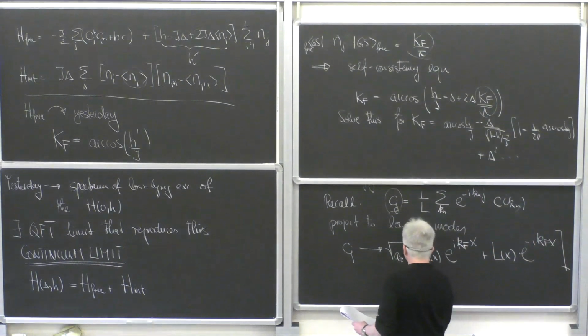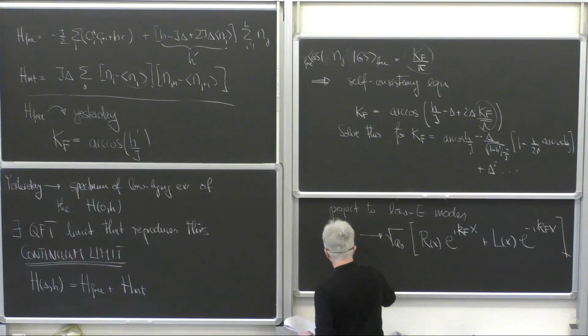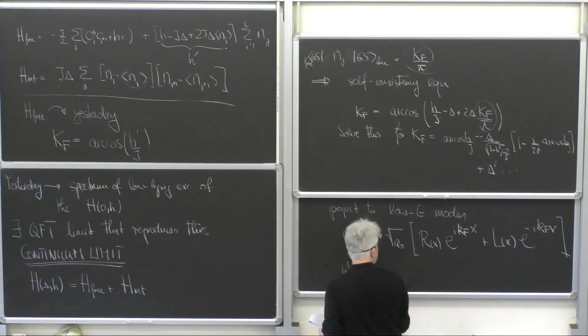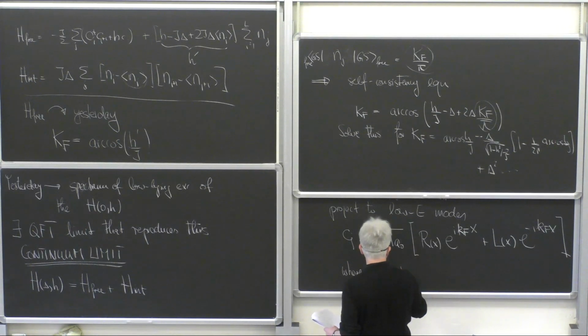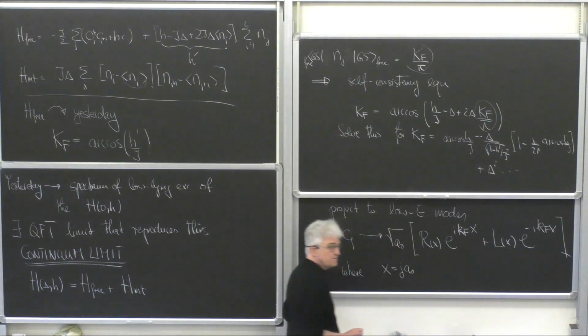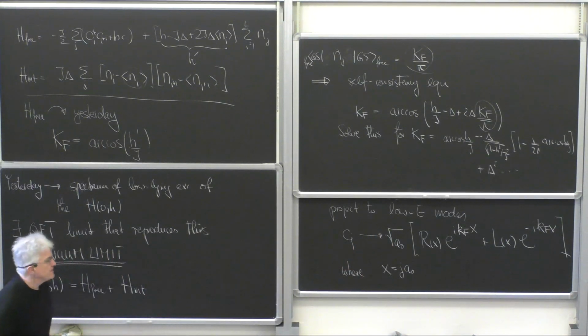Where a naught is the lattice spacing, so x I set equal to j times a naught. And so the lattice spacing now has dimensions of meter, so it's a dimensionful quantity.